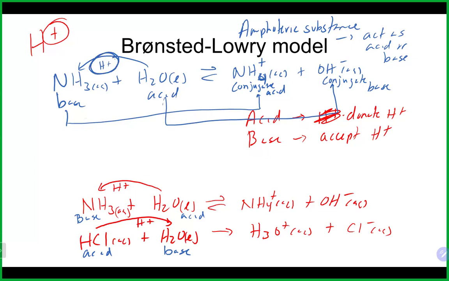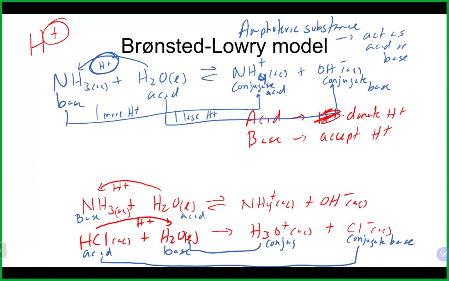So the base to the conjugate acid has 1 more H plus than it started with. The acid to the conjugate base has 1 less H plus as it does there. Down here on the bottom one, the HCl and the Cl minus are related to each other. That would be the conjugate base. And the water here and our H3O plus are related to each other.